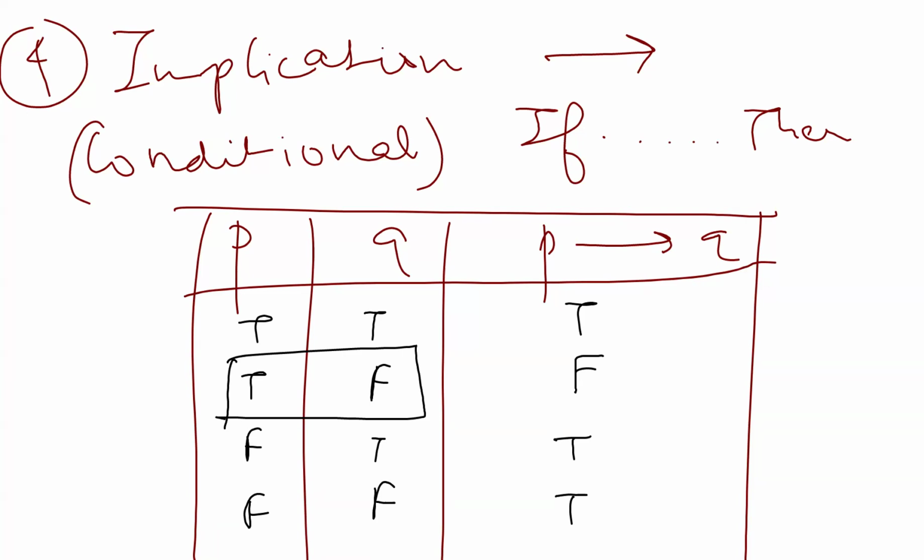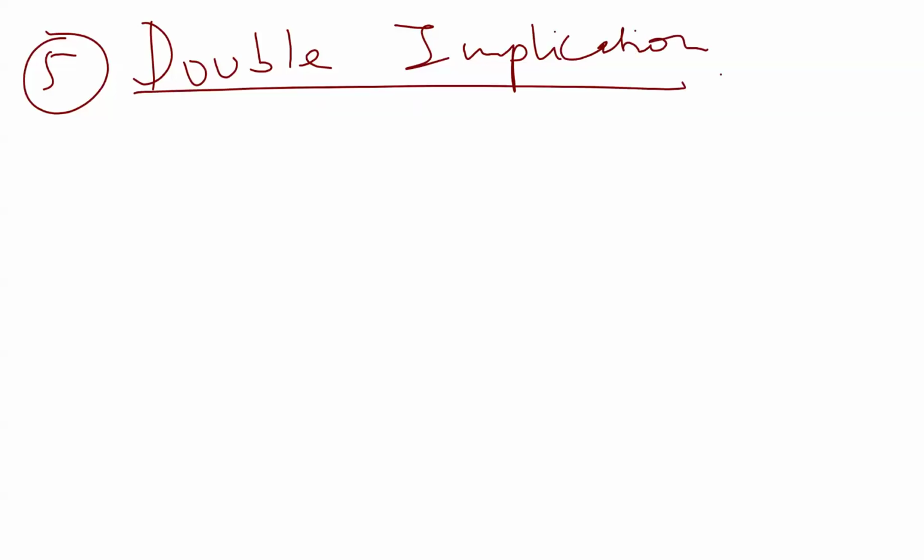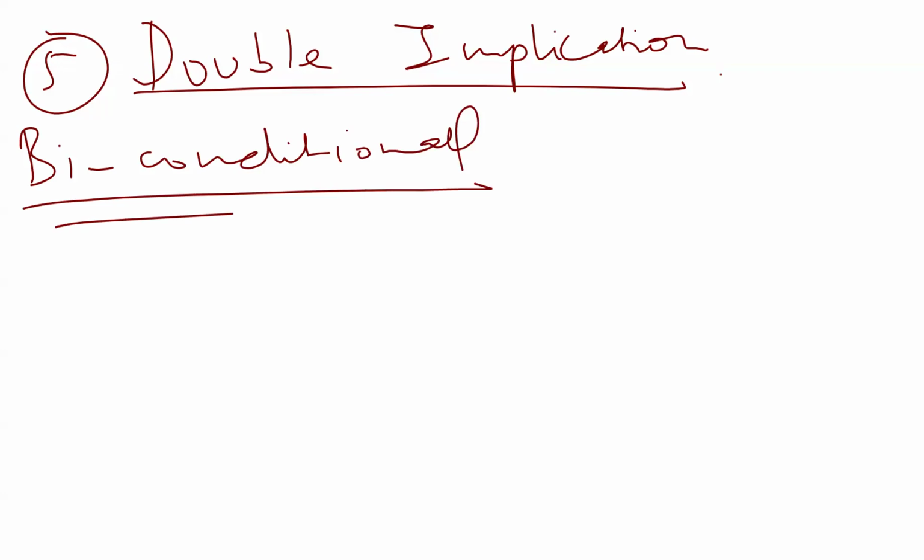Next one, and the last one. Double implication, biconditional. This is the sign.